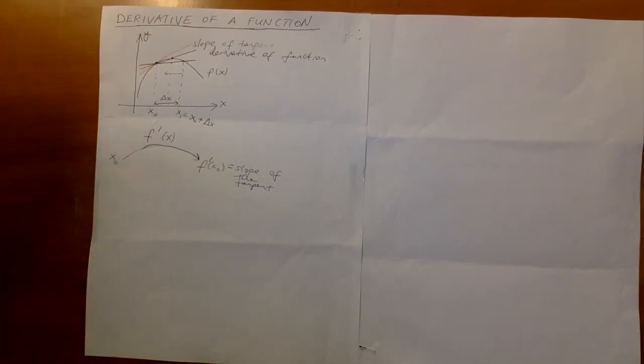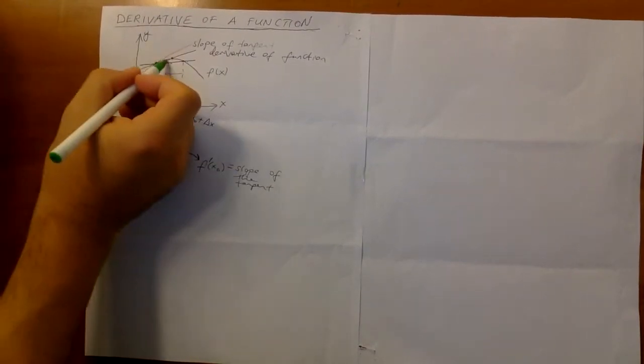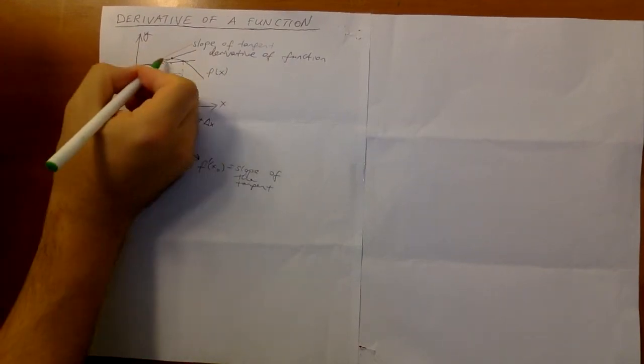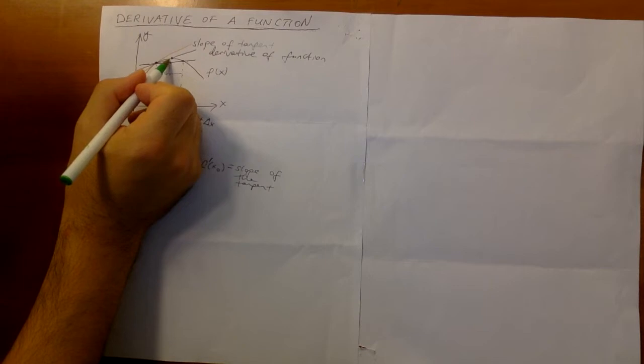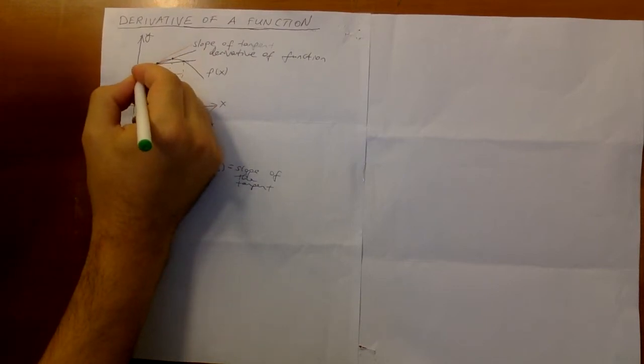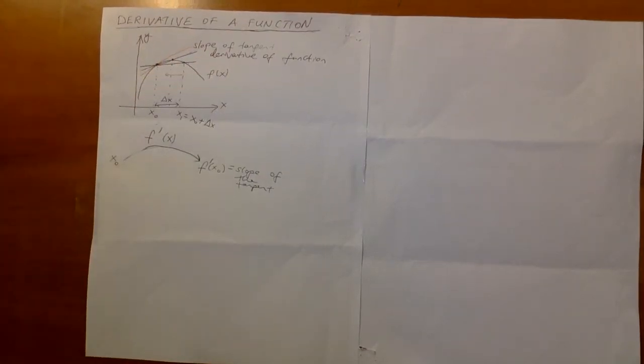But it's really difficult to tell the slope. So let's just try to find the slope of the line which is not the tangent but very close to the tangent.